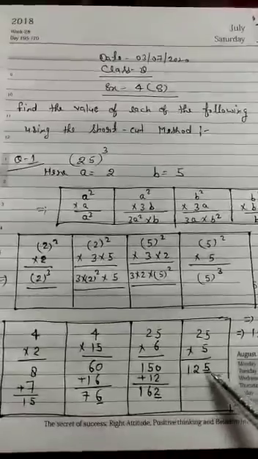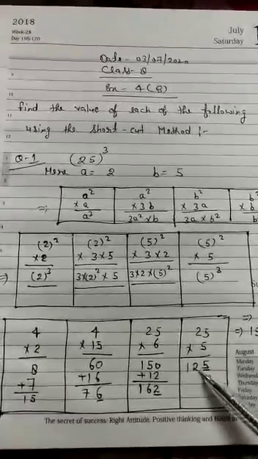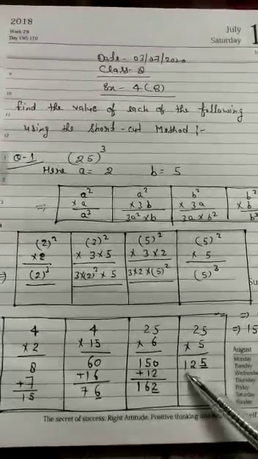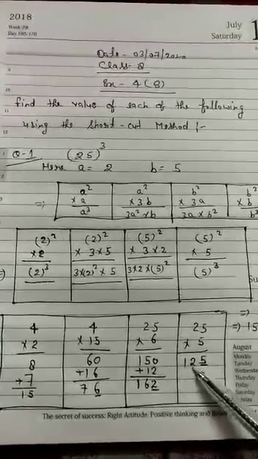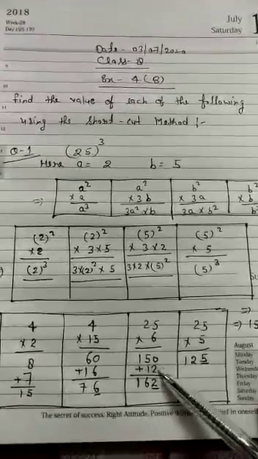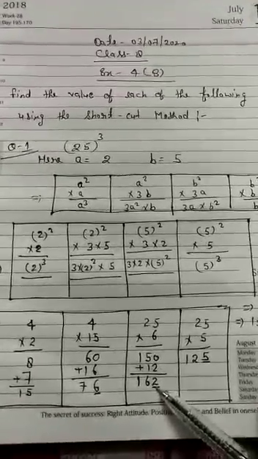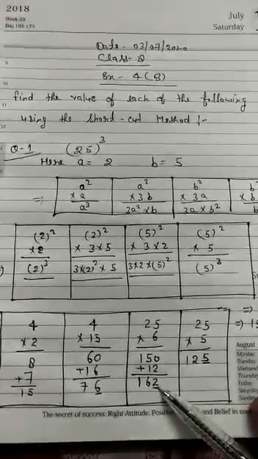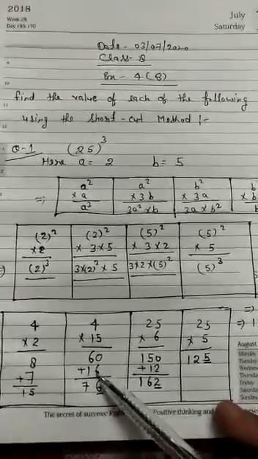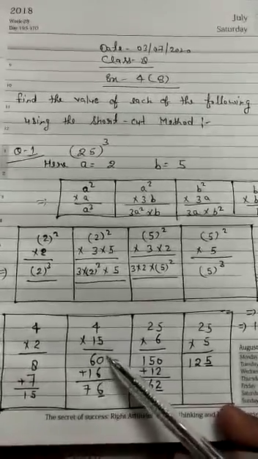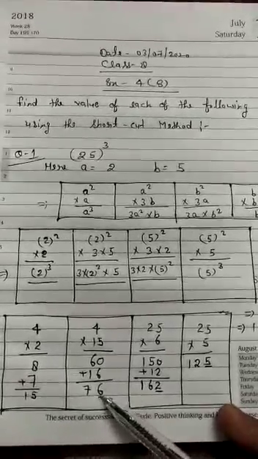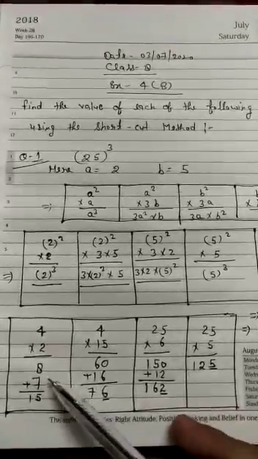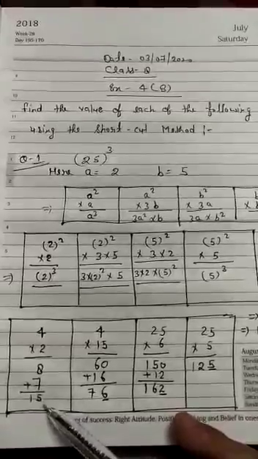So we will add the values on the tens place and hundreds place. 12 is written here, so we add 12 to 150, then it will be 162. Now we underline 2, so 16 is left, we add 16 in the second block. Now 60 plus 16 is equal to 76, so 6 is underlined, and we add 7 to 8, so 8 plus 7 is equal to 15.